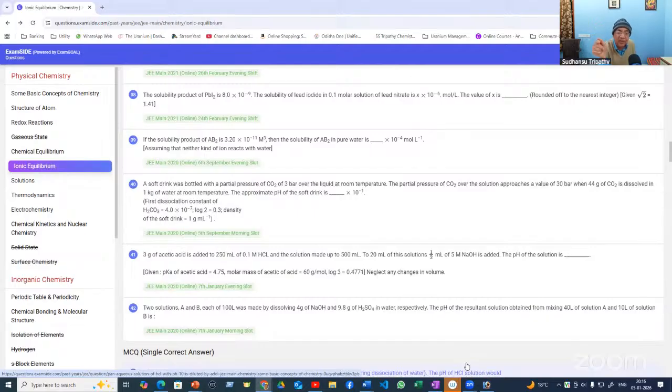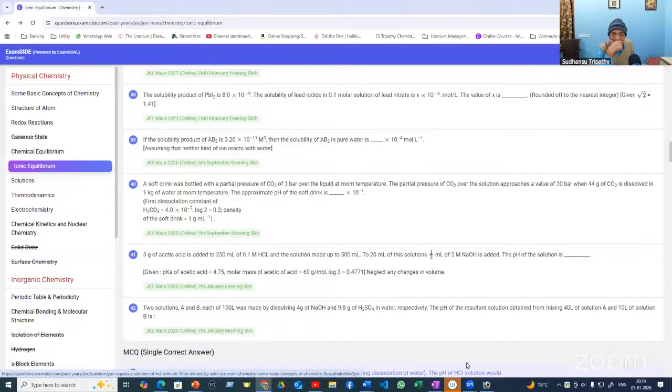So 3 by 60 moles is present in 500 ml, and 0.1 into 500, that is 50 millimoles. 1 by 20 into 1000, that is 50. Fine. So again it is 1 by 3 minus log 3.